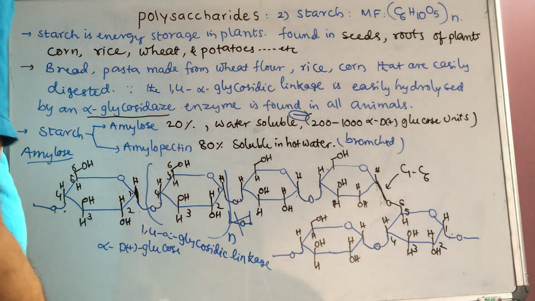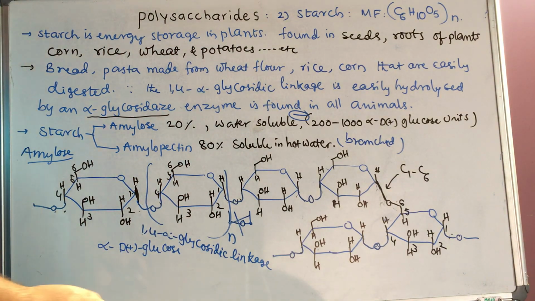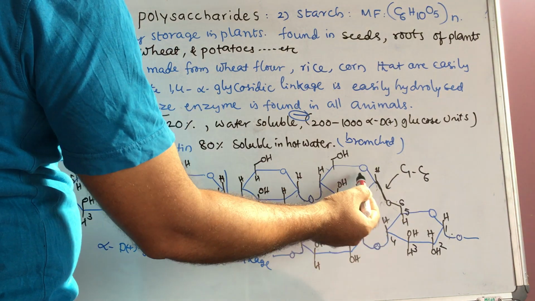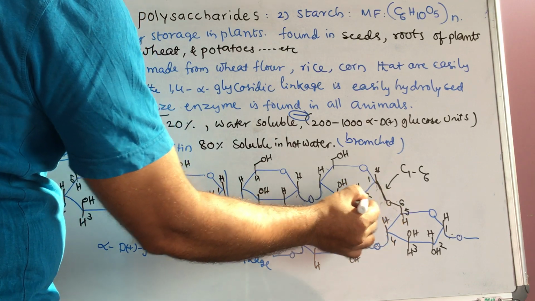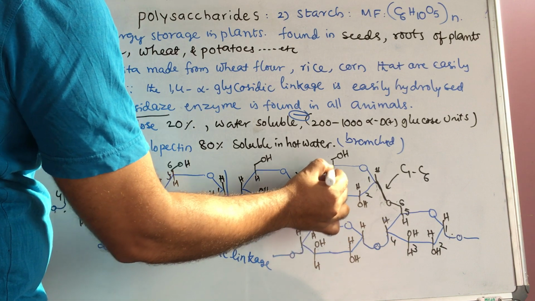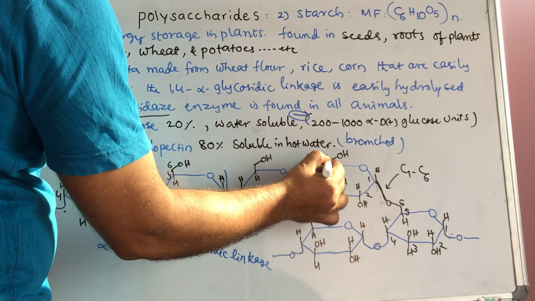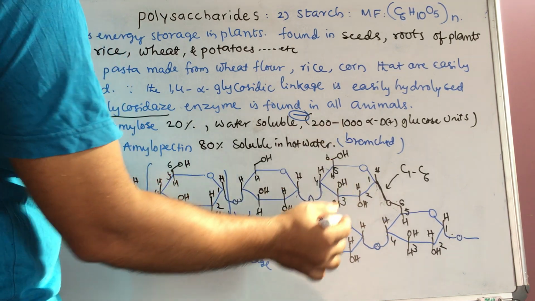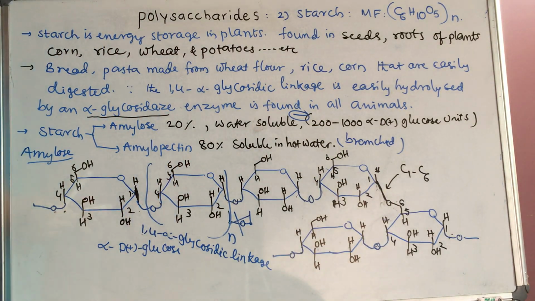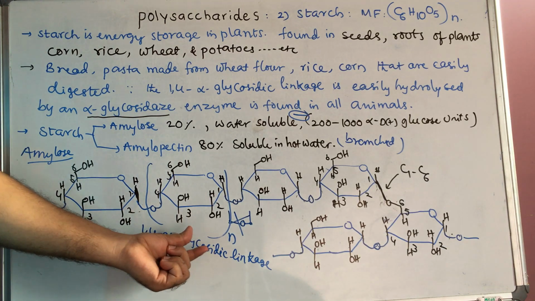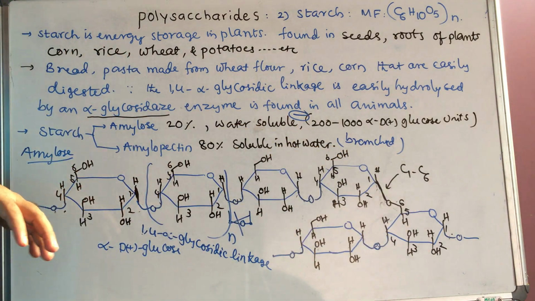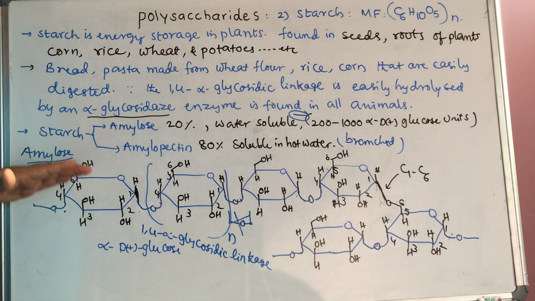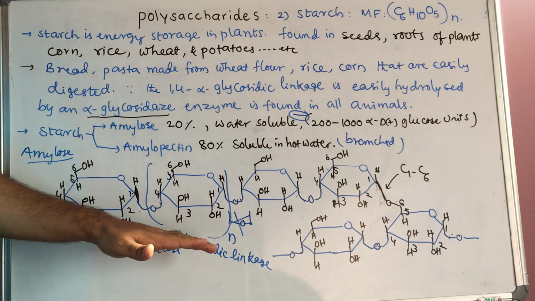So sometimes they may ask: in amylopectin, the branch linkage will be C1, C6. Here hydrogen will be there. So amylopectin has one C1, C4 alpha glycosidic linkage, and another linkage C1, C6. Don't confuse here: in amylopectin, the chain linkage is C1, C4 alpha glycosidic linkage.